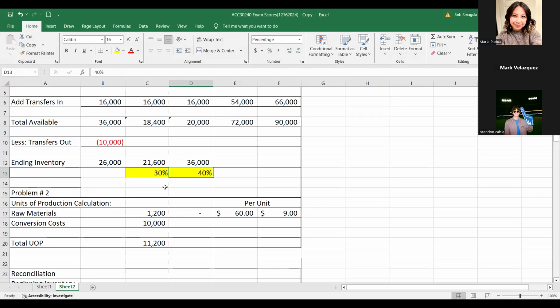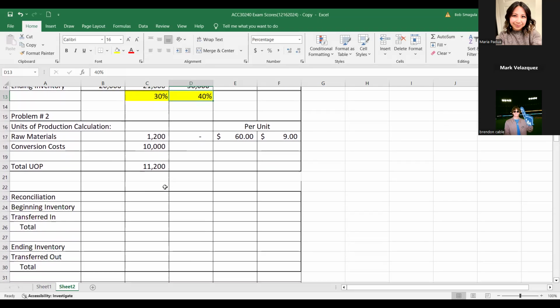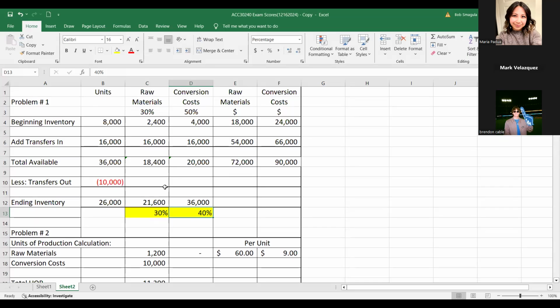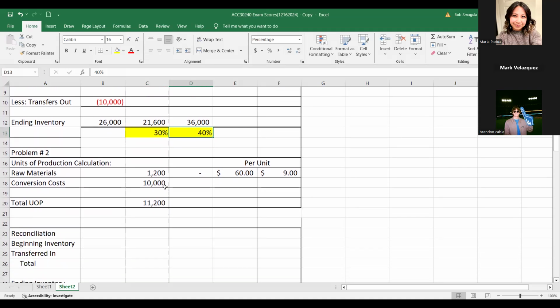I'll polish this up and email it to the class, and you can make use of it as you choose. I just know from teaching this for a while that once you get comfortable with these three items, problem one, putting the whole template together where you figure out the equivalent units of production, and here you demonstrate the equivalent units of production and the cost per unit.